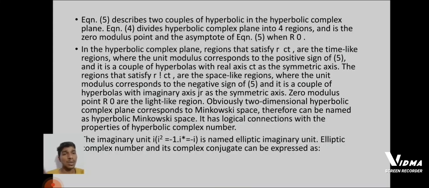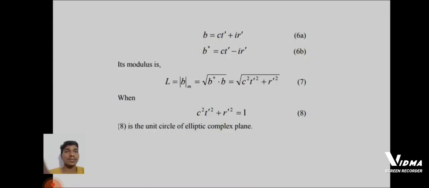The imaginary unit i, where i square equals minus 1 and i star equals minus i, is named the elliptical imaginary unit. The elliptical complex number and its complex conjugate can be expressed as B equals ct dash plus ir dash, which is the sixth equation, and B star equals ct dash minus ir dash.